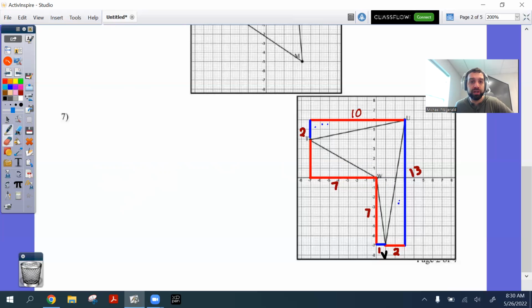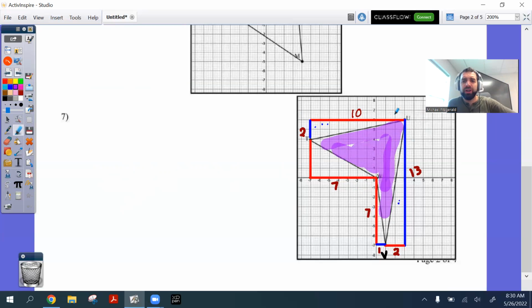Let me go to a highlighter. So the area is all this, right? Well, how do we find that? Sorry, it goes down there too. I don't want to make it ambiguous though.